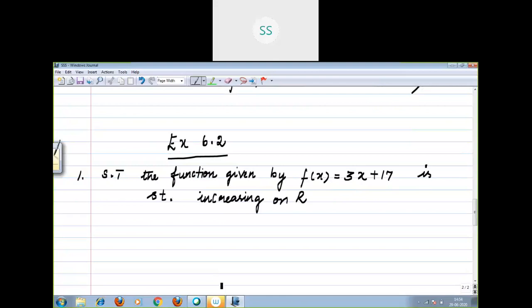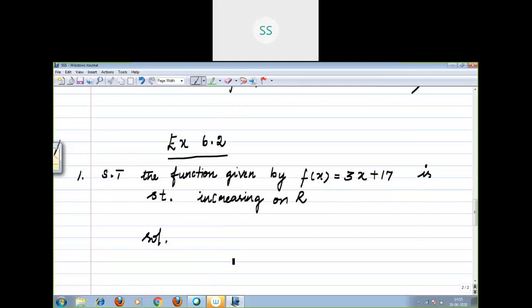We cannot restrict it. There is no limitation. Strictly increasing means the derivative should be what? Yes, f dash of x greater than 0. We have to check whether it is greater than 0 or not.